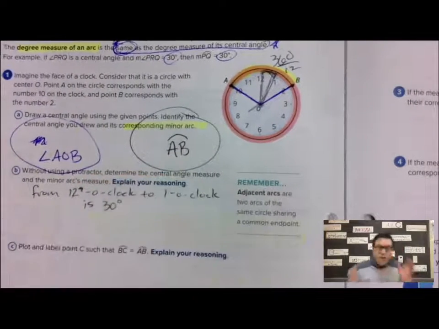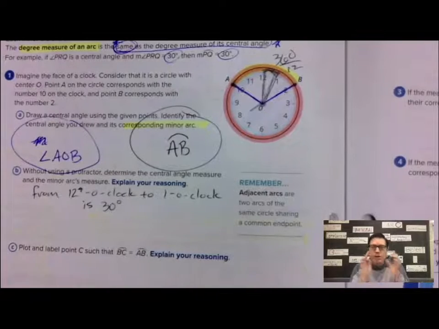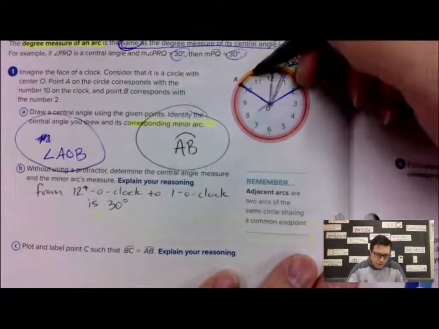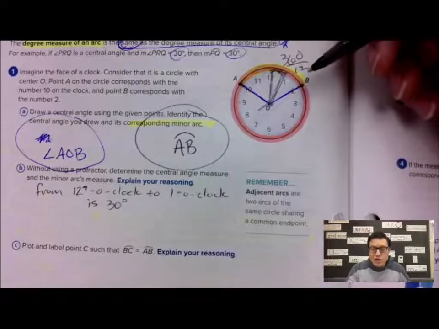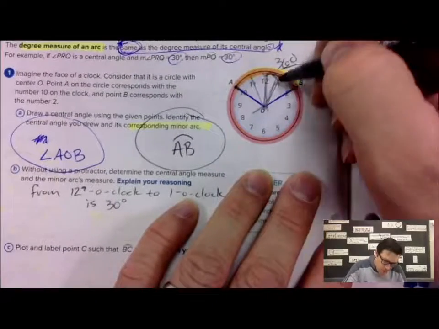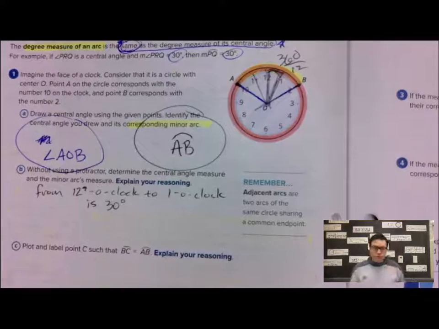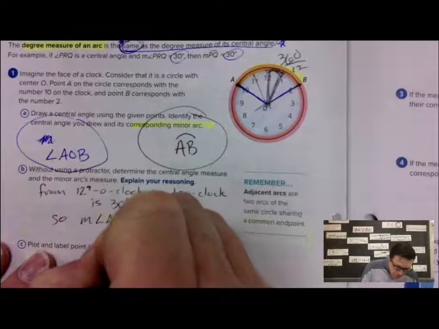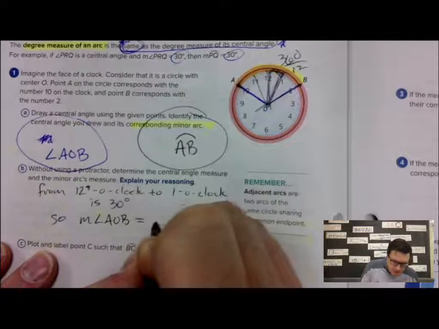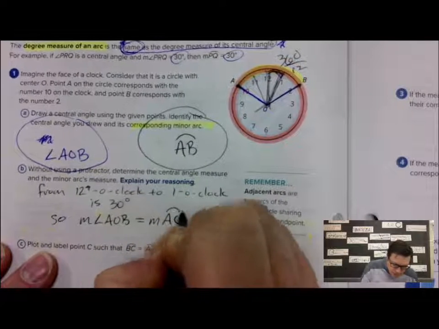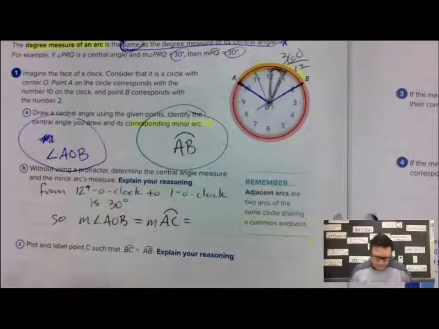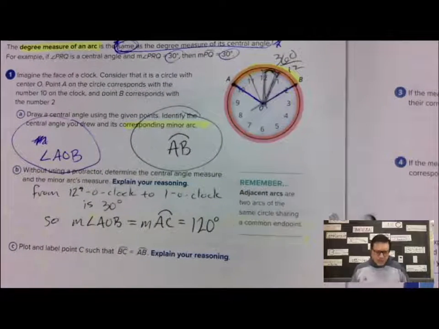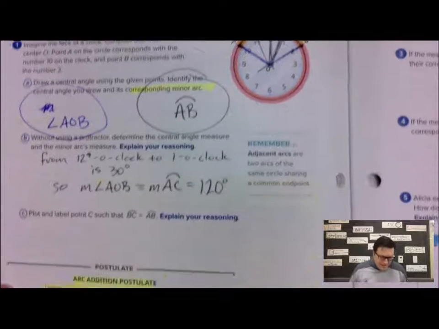So therefore, every hour-by-hour measurement on the clock is 30 degrees. 30 and 30 and 30 and 30. 4 sections of 30. 1, 2, 3, 4. There are 4 sections of 30 going from A to B. So the measure of angle AOB, which happens to be equal to the measure of arc AB, is 4 times 30, or 120 degrees.